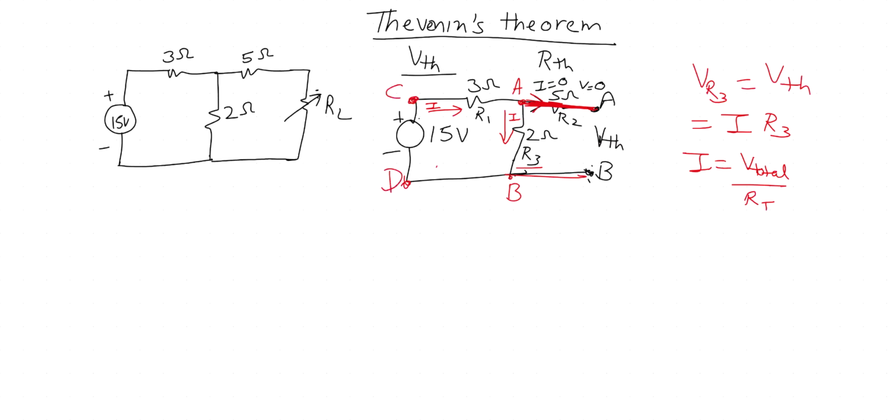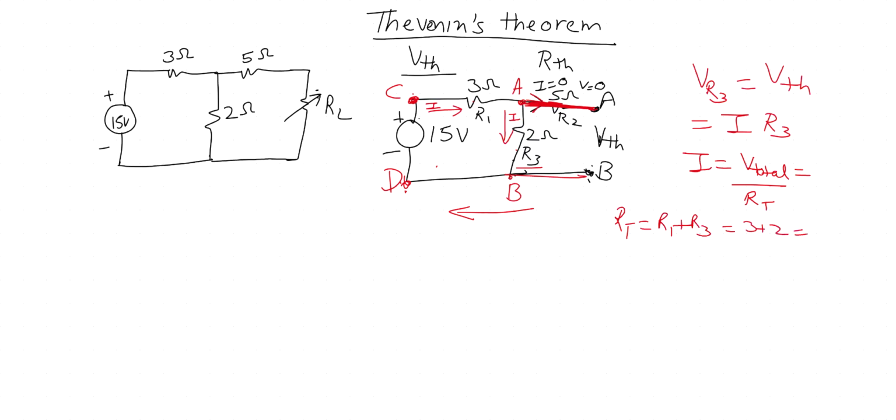When you put the meter leads here, R1 and R3 are in series. So the total resistance will be R1 plus R3, which gives 3 plus 2, 5 ohm.